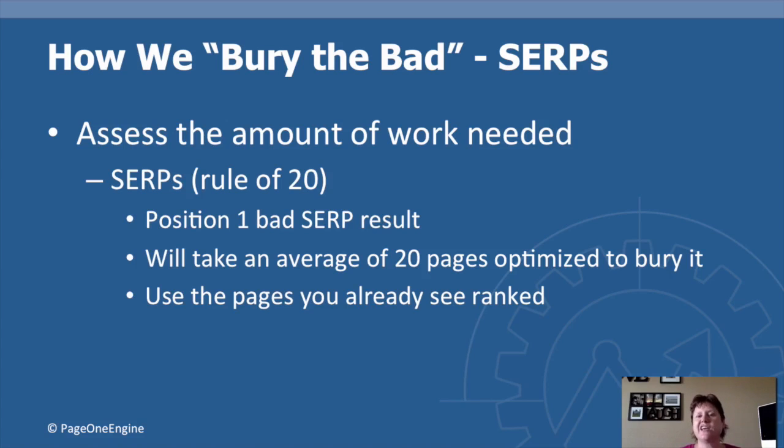Now, say the only thing you can find is just the bad thing. Then that's going to be a pretty uphill battle to fix somebody's reputation, because you've got to start from scratch and rank a bunch of stuff, and that's going to take time.